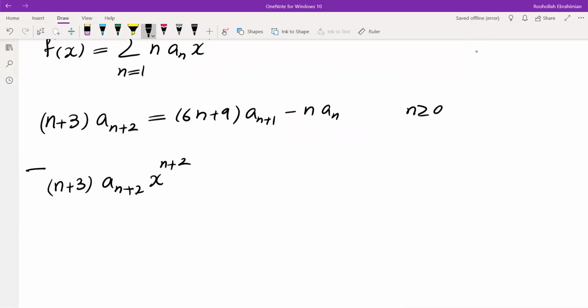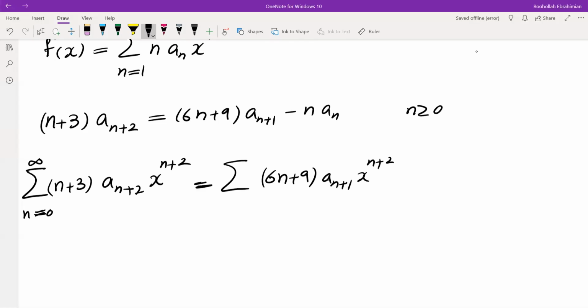But I can only start summing from 0 to infinity. It can't go below 0. So that's equal to the sum of 6n plus 9 times a n plus 1 times x to the power of n plus 2, minus n a n x to the power of n plus 2, n equals 0 to infinity.